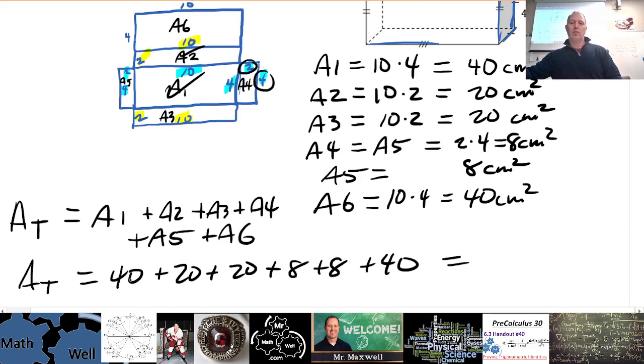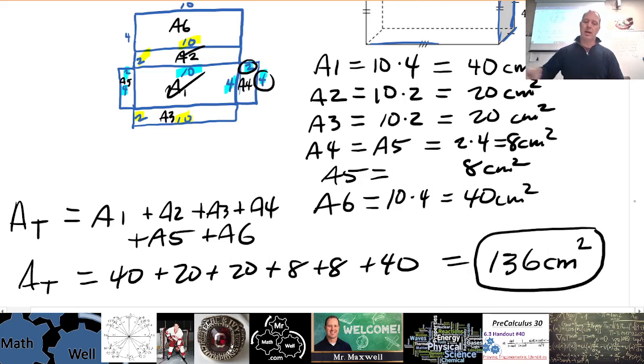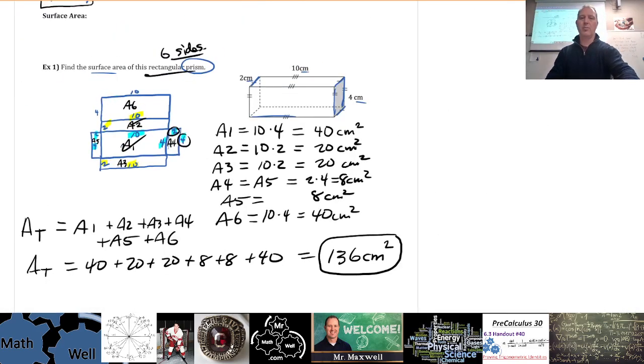Okay. So 40 and 40 is 80, and 20 is 100, 120, 136. Did you guys get that? Yeah. Awesome. Centimeters squared, right. 136 centimeters squared. Okay, does that look reasonable to everyone? Does anyone have any questions about that?